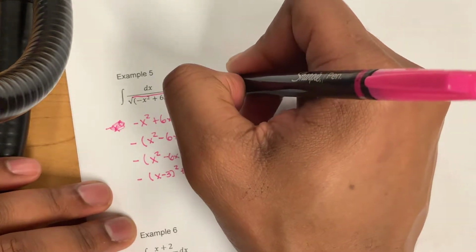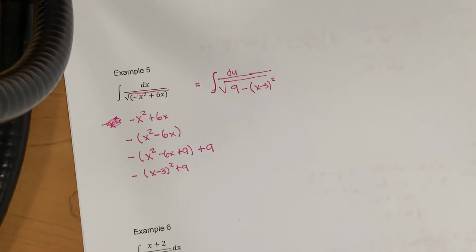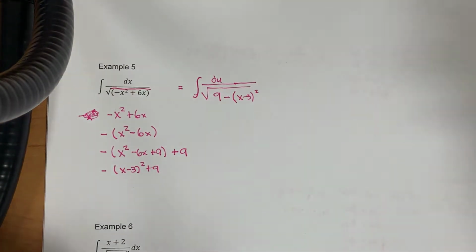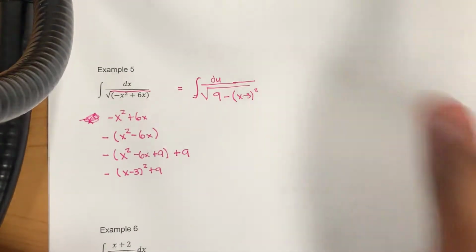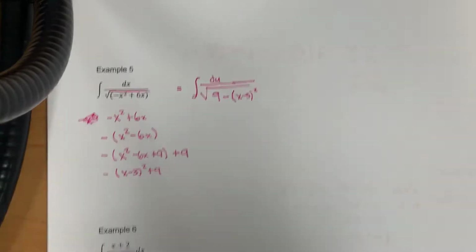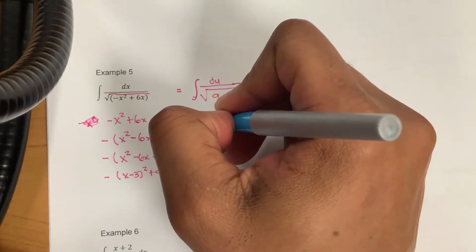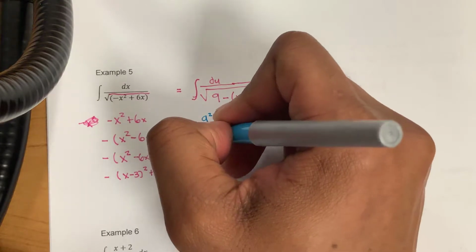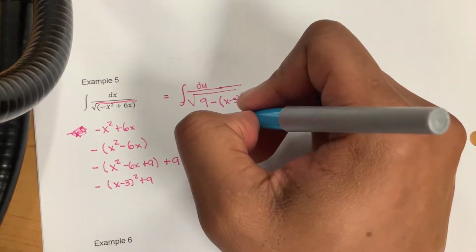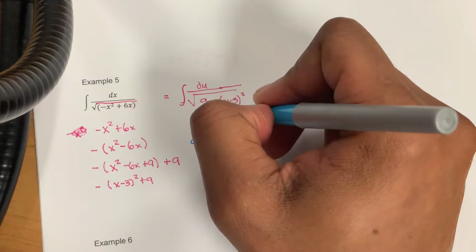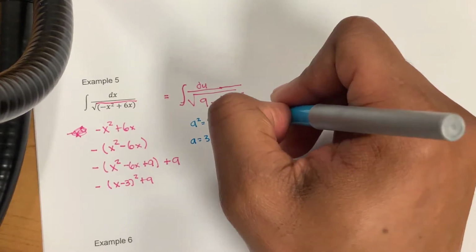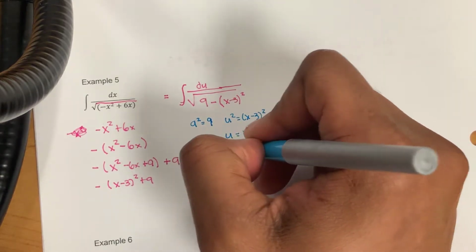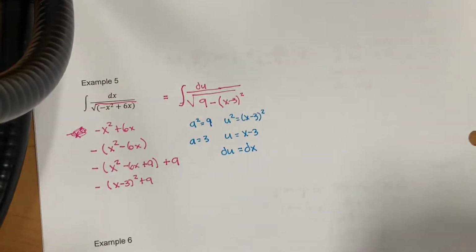And so this is in the form of an inverse sine integral. So we'll write in a different color. Let's go with this blue. So a squared is equal to 9. And so a equals 3. U squared is equal to x minus 3 squared. So u equals x minus 3, and du is equal to dx.